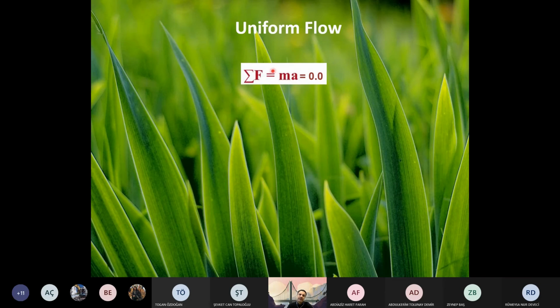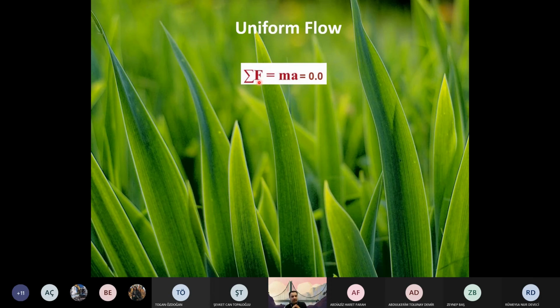No acceleration means what? No acceleration means a equals 0. Therefore, m times a: moving water has a mass, okay? A body of water moves within a river. It has a mass. It is not 0, but acceleration is 0. When there is no acceleration, it means that sigma F equals 0.